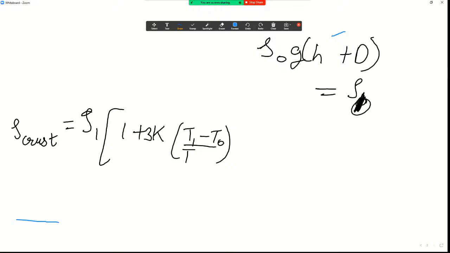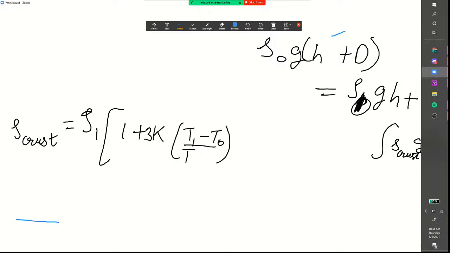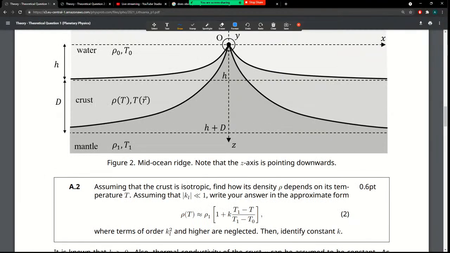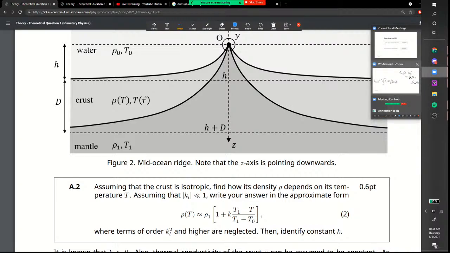No, rho 0 H plus rho crust G D Z integral. I think it should be rho 1 G H plus D.